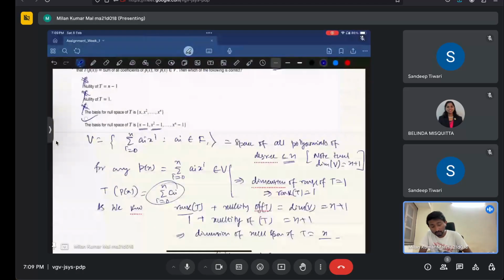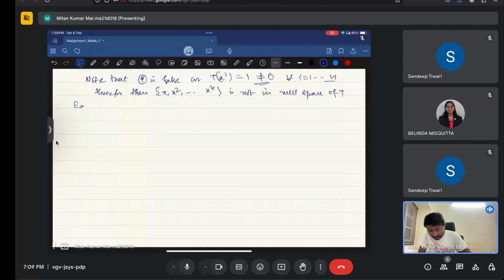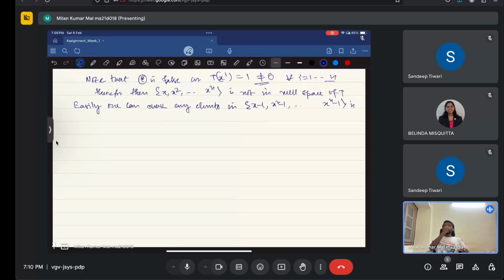Easily one can check the last option: any elements in x minus 1, x square minus 1, up to x to the power n minus 1 are in the null space of T. The dimension of the null space of T is n, and here we have a total of n elements. So they are elements in the null space of T.